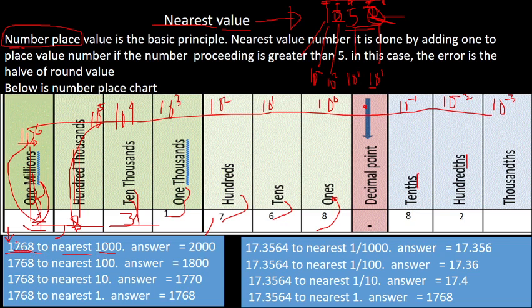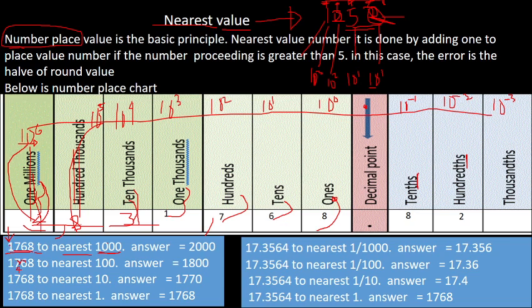Now, because this one is greater than 5, the number that follows immediately after the number under the base of 1,000, if that number is greater than 5, you are going to approximate it to this. But let's assume that this number is 4. Don't mistakenly say that you approximate this to this. Don't do that.